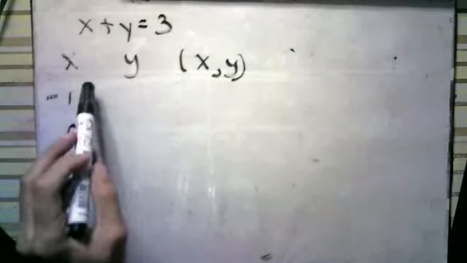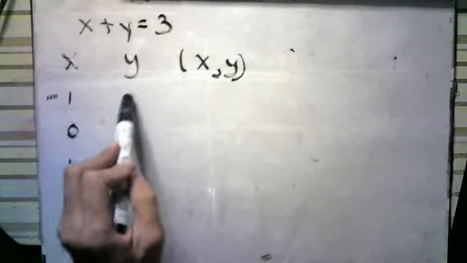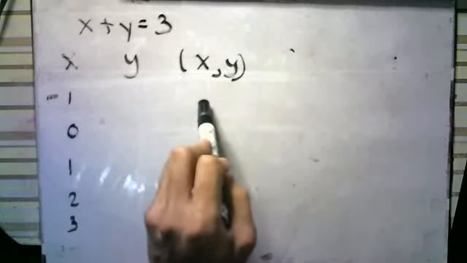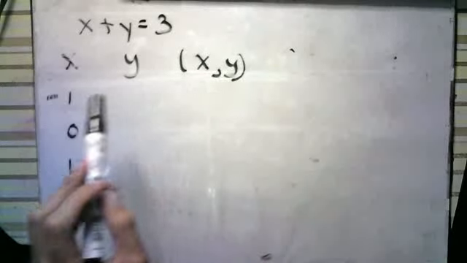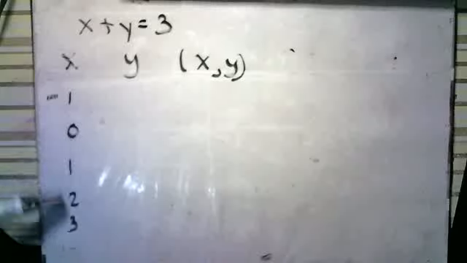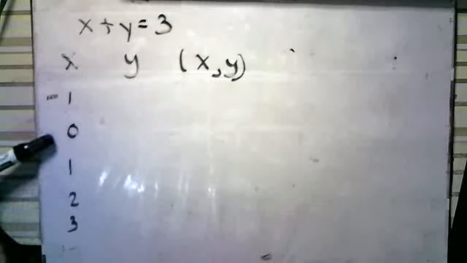After you find the value of y, we need to write the ordered pair. Malamang, si x natin dyan is the value of x that are given right now. So it's negative 1, 0, 1, 2, and 3.